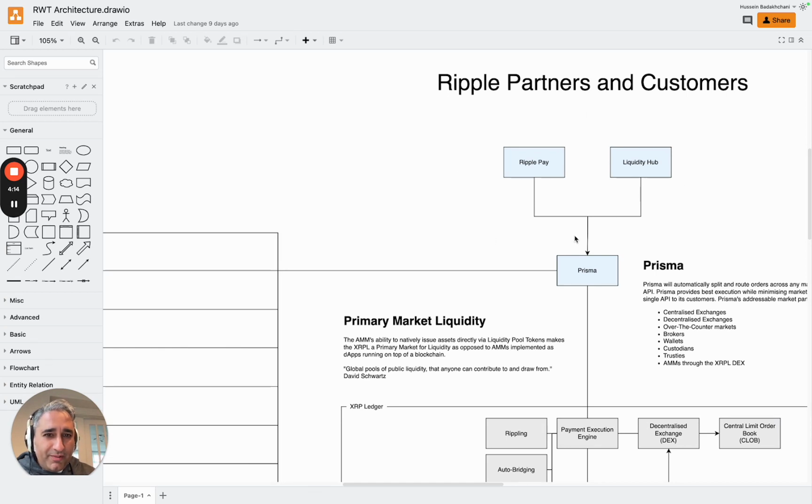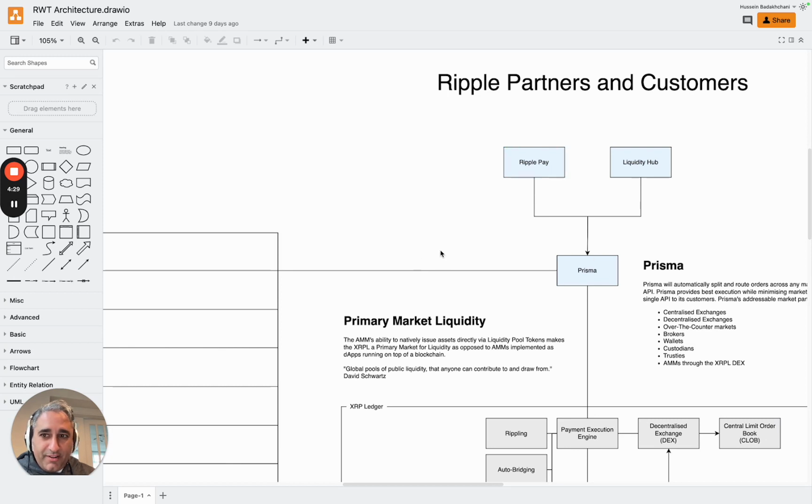By the way, none of this stuff is particularly cheap. It's not good for retail investors. I think enterprise software comes at a cost. I don't know how expensive it is, but I'm sure Ripple's sales team negotiate the prices accordingly.